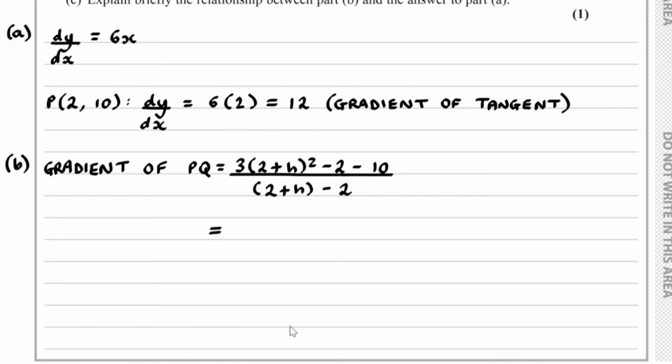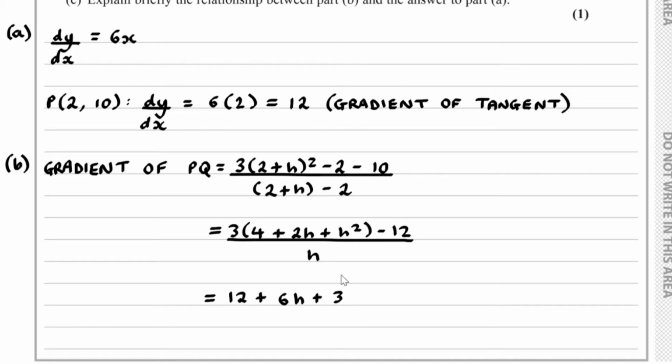And if we were to work this out, we've got 3 lots of 4 plus 4h plus h squared, so here we have 12 plus 12h plus 3h squared minus 12 on the top.